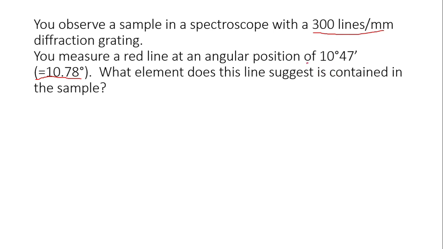Okay, so as a little bit of an aside, you might see this. This is degrees and minutes of arc. The 47 is 47 minutes of arc, which is 47/60ths of 1 degree. So that's where the 0.78 comes from. I'm not sure how it started. 60 is just like a lucky number, I guess. Historically, the Sumerians loved it.